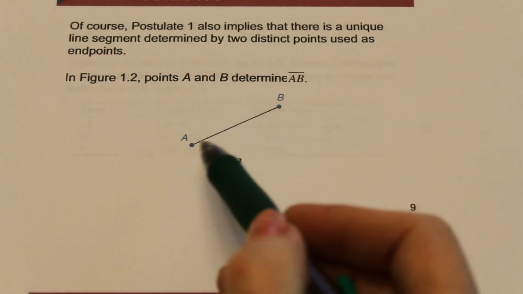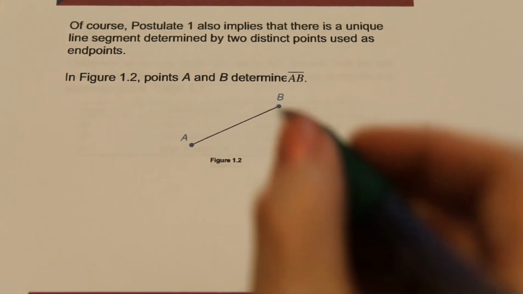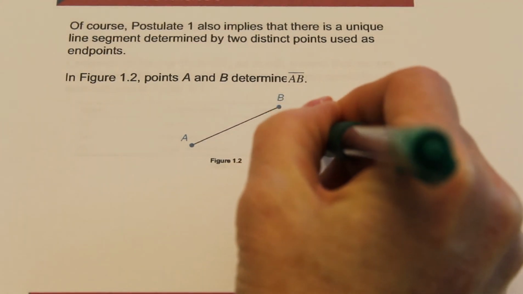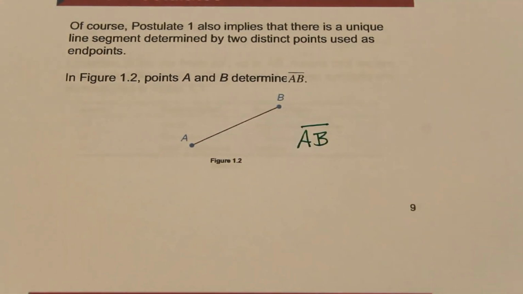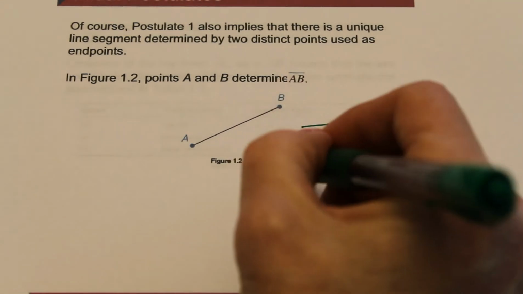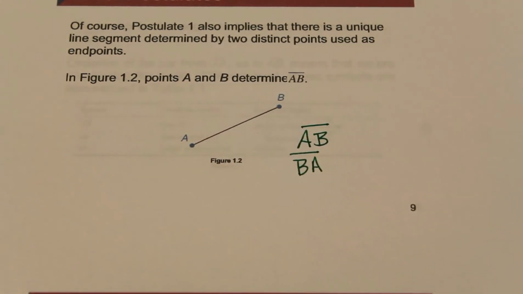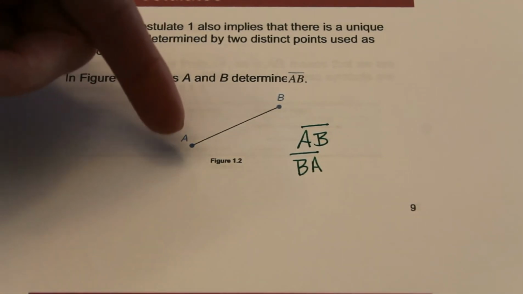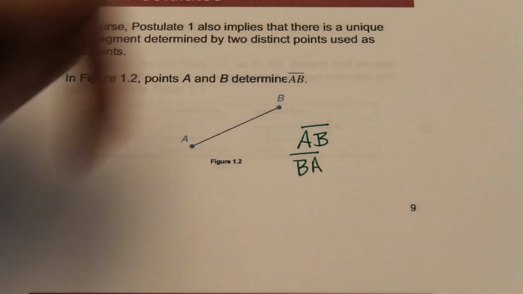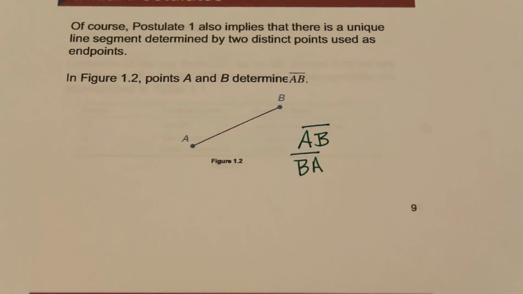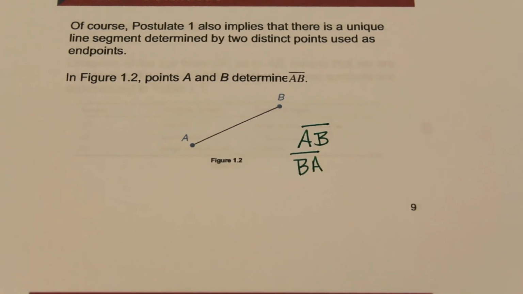So if I have point A and point B, that is going to be called line segment AB. It could also be called line segment BA, because a line segment does not have a direction. We have no concept of it's going from A to B or from B to A. It's just the line between, connecting those 2 points, those 2 endpoints.